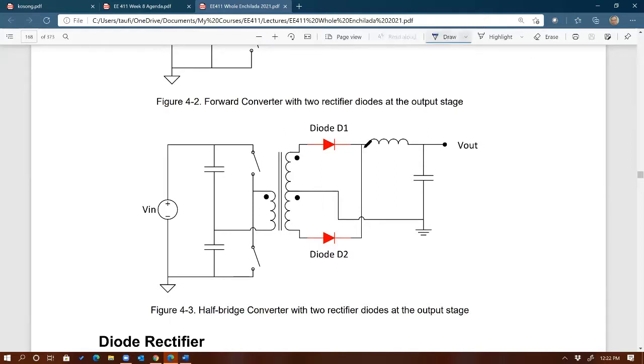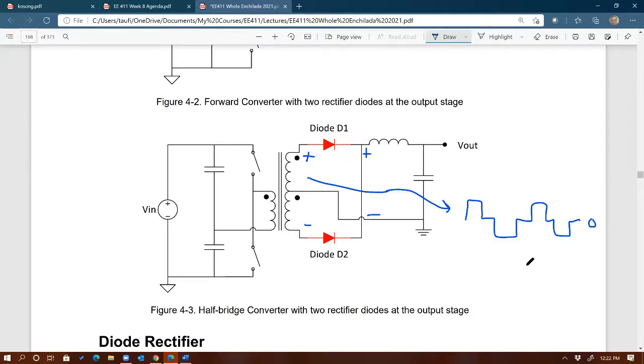So the voltage before the LC looks something like this, an AC pulse waveform, a square wave waveform, I should say. Actually, that's not it, that's from here. Sorry about that.